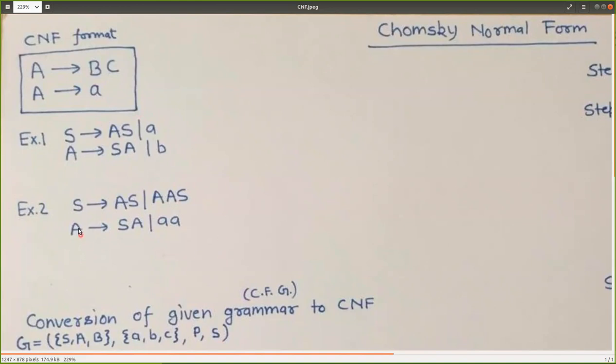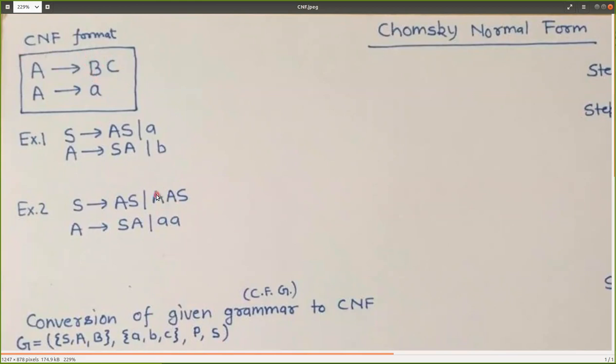Let's take another example. Now here there are also four productions. The first production, S produces AS, is in this format, but the second production, S produces AAS, has three variables on the right hand side, while in our format there should be exactly two variables.